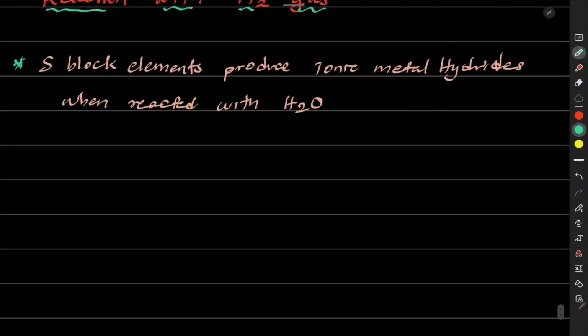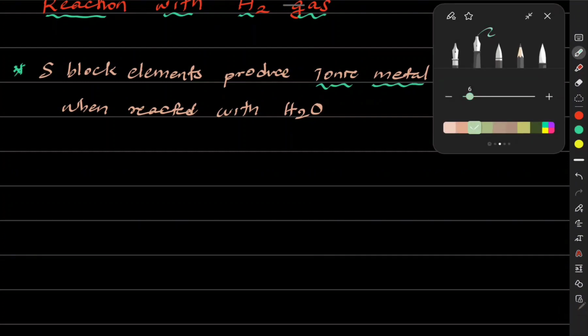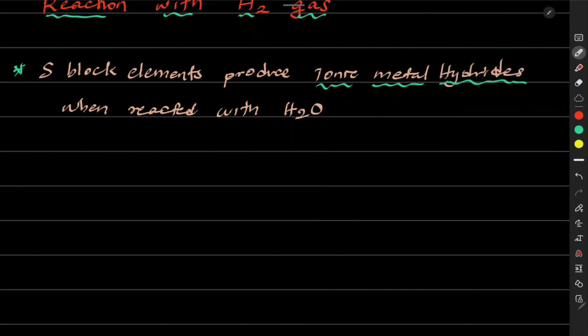Important points. Let's write the reaction: metal plus H2 gas gives metal hydride.